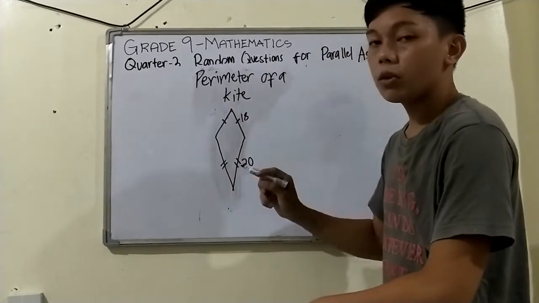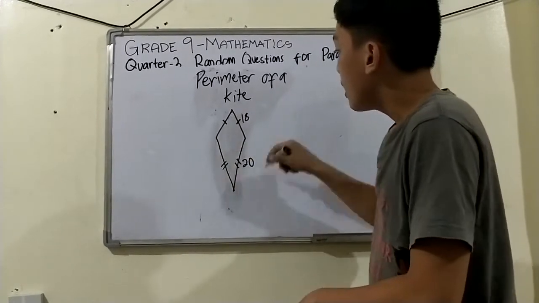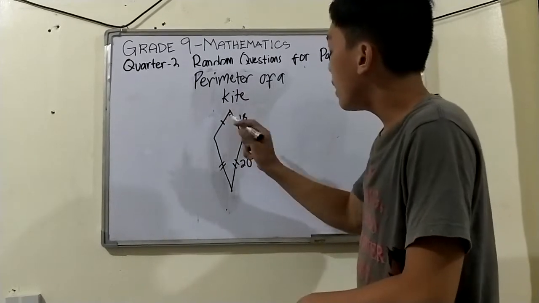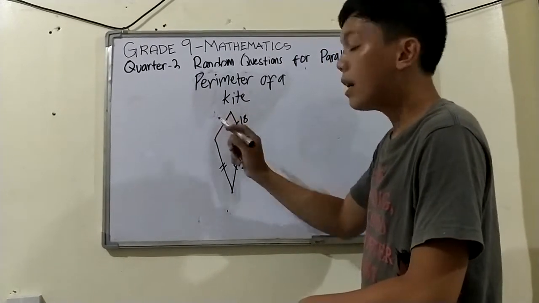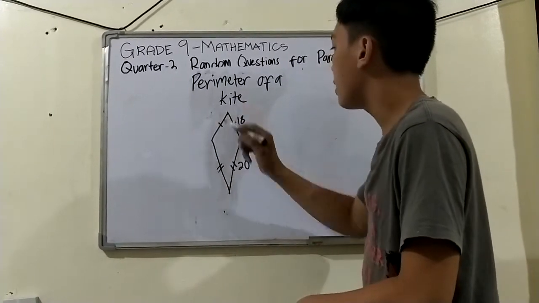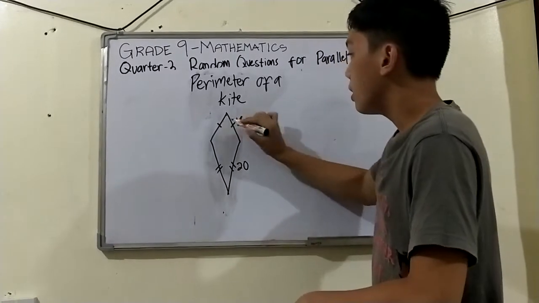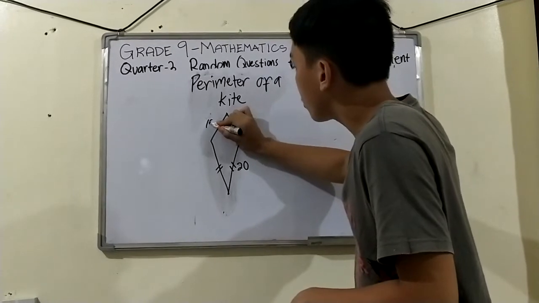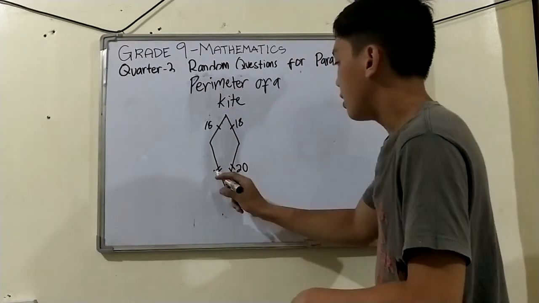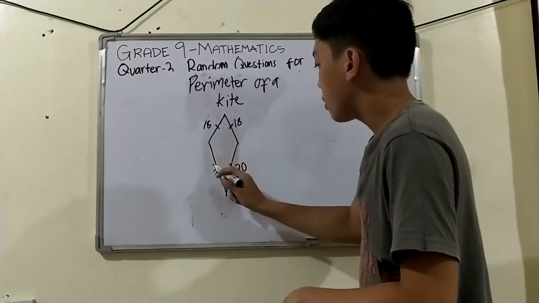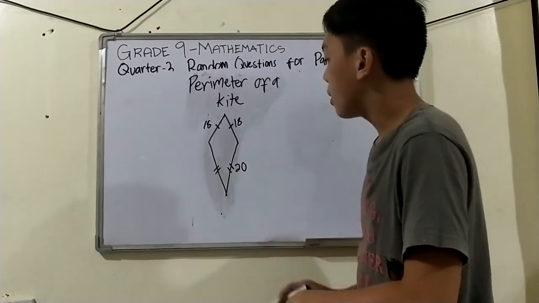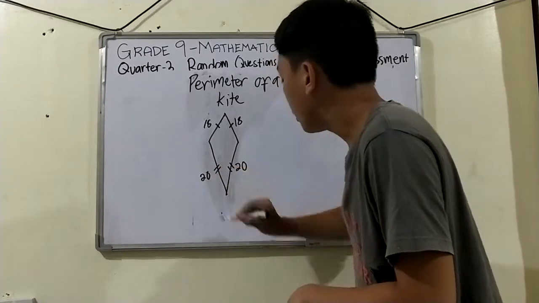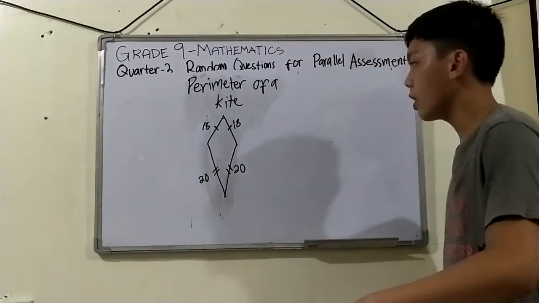So to find the perimeter of a kite, we need to add all the sides of a kite. So to find the perimeter, we're going to find first the missing sides. So since the head sides are congruent, then this side is also 18. And because the tail sides are also congruent, then it is 20 as well. Okay?